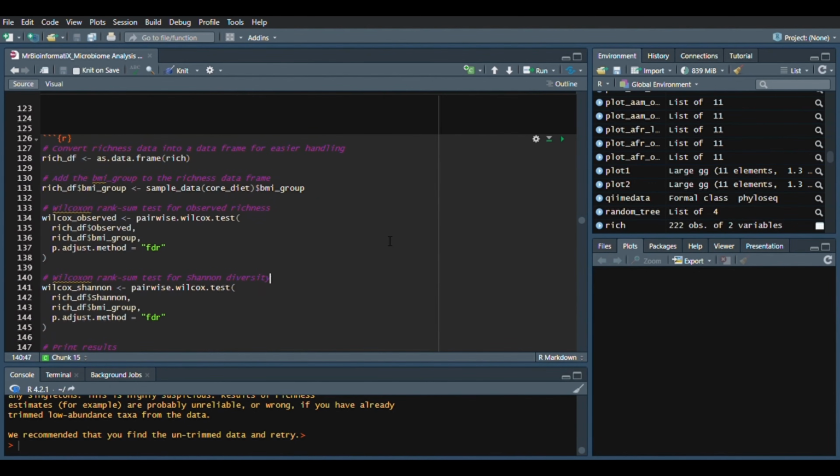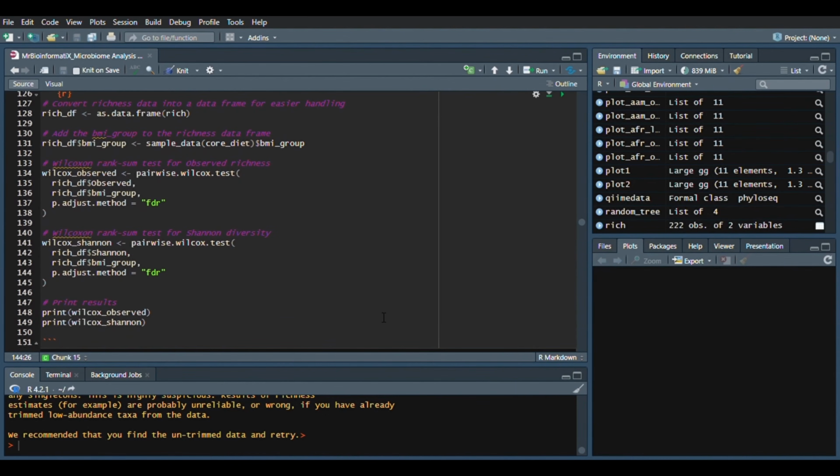And then Wilcoxon rank sum test for Shannon diversity. wilcox_shannon equals pairwise.wilcox.test, rich_diff Shannon, rich_diff BMI group, p.adjust.method FDR. And then we print our results for wilcox_observed and wilcox_shannon. Let's run our code.